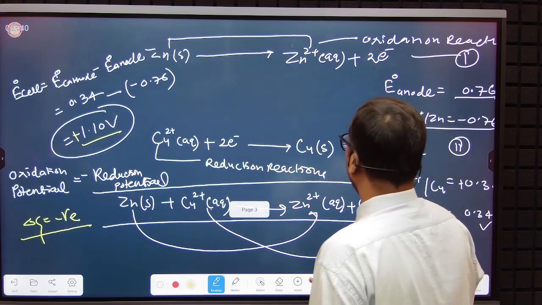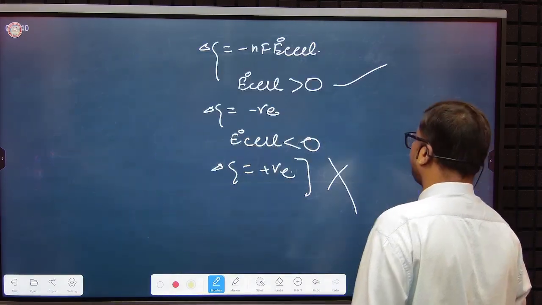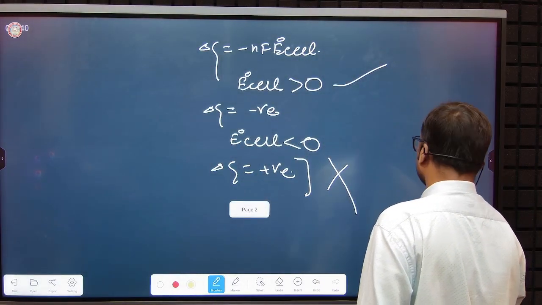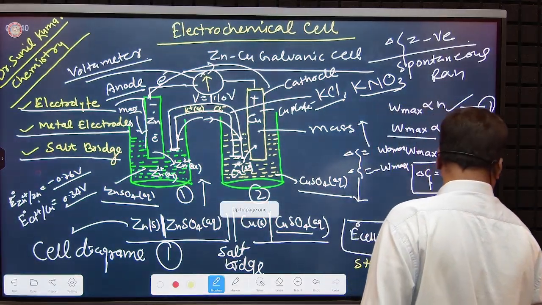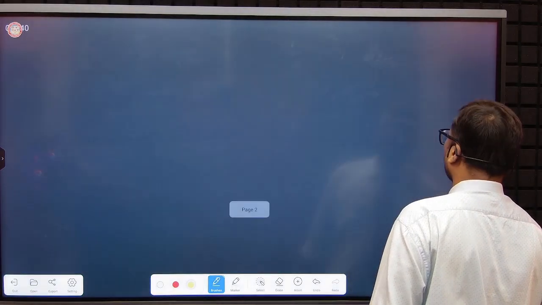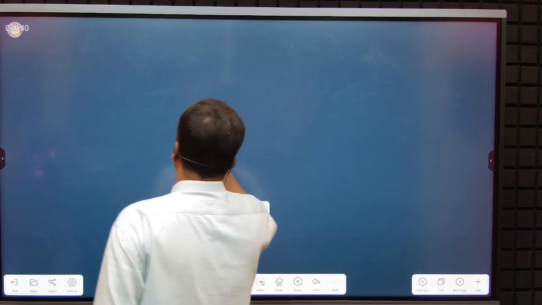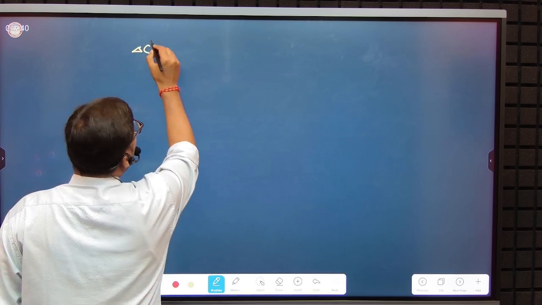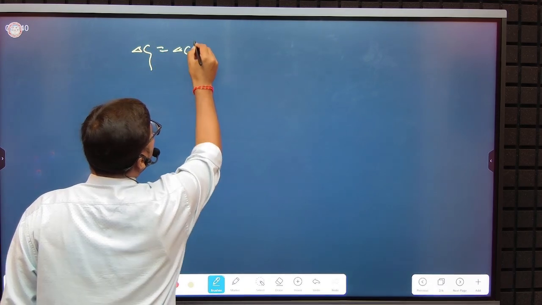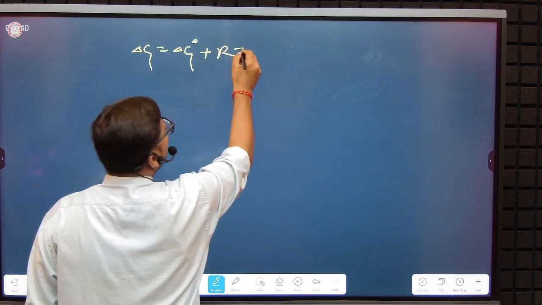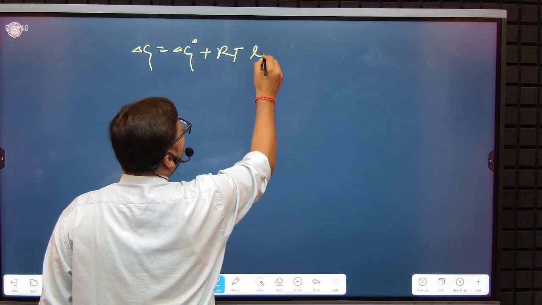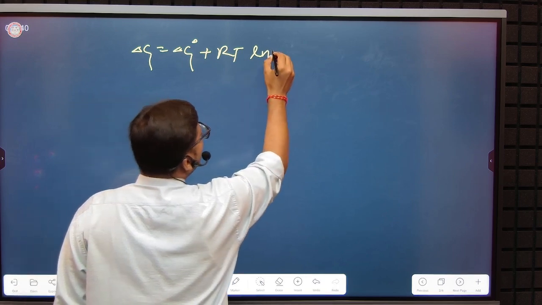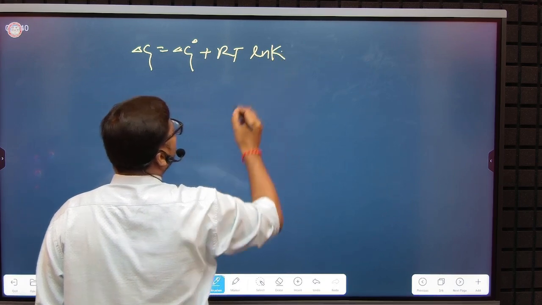Now what happens? Delta G is equal to delta G0 plus RT ln Q, right?